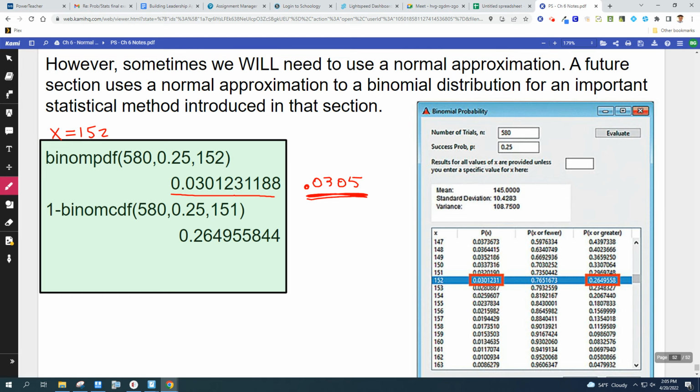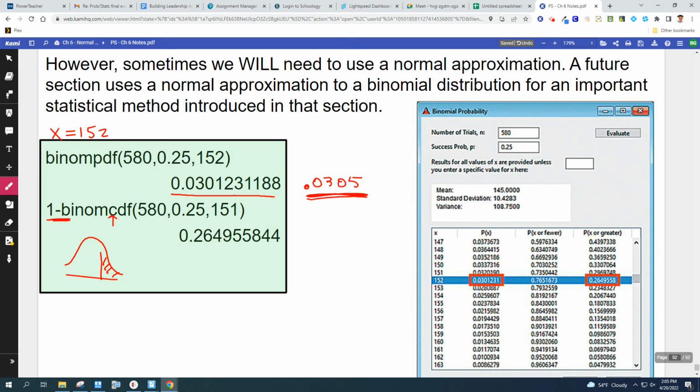Keep in mind, back in my day, we didn't have this kind of stuff, and we would have had to use a different kind of method. So, with your binomial CDF, remember C stands for cumulative. They go 1 minus in order to get the area on the right side.